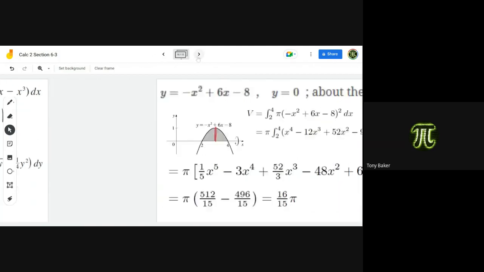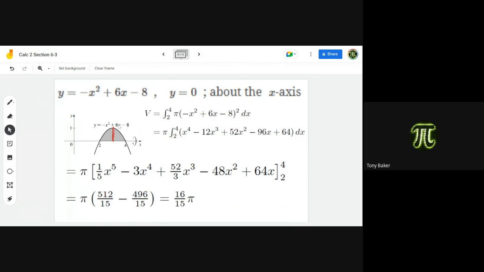In this problem, I only had 1, so I didn't have to do the right minus the left. If it was shifted up, say I was rotating it around y equals 1, then I would have done 1 minus the area of that equation because it would have been shaded up there.